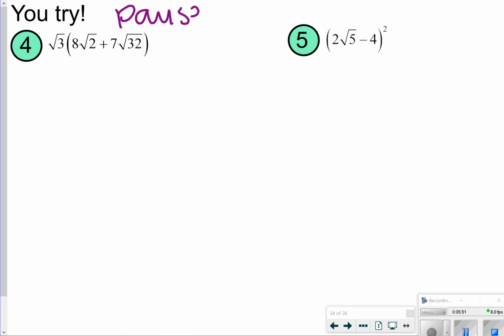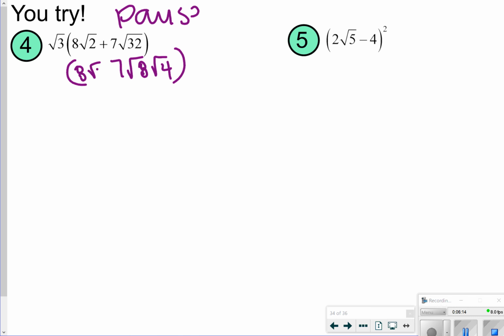Alright, so for number 4, the first thing I actually did was I broke up inside the parentheses first, and then I will take my distribution and do it correctly, just because I already have 2 sets of radicals. So the square root of 32 can be broken up to the square root of 8 times the square root of 4.